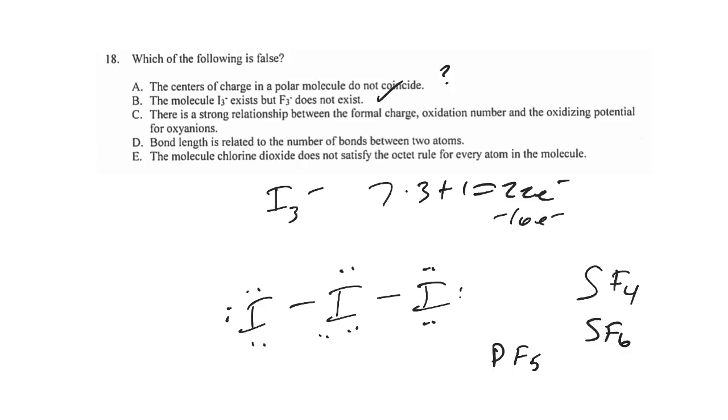There is a strong relationship between the formal charge, oxidation number, and oxidizing potential of the oxyanions. Well, okay, let's think of this for a minute. So ClO4 minus is an oxyanion.